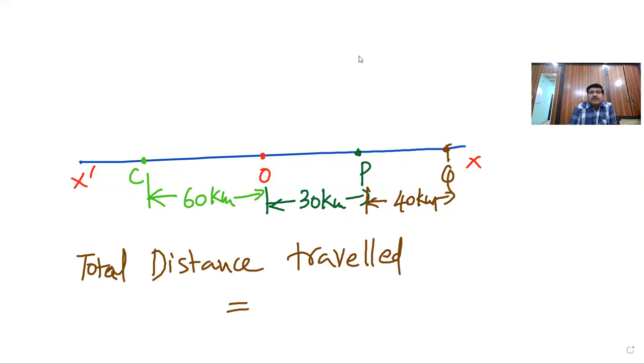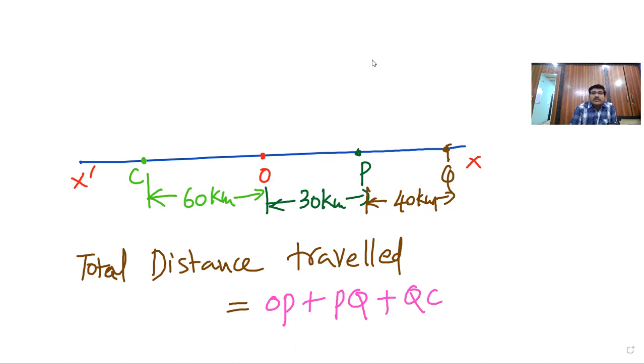Total distance traveled is equal to first OP plus PQ plus QC. First OP, again P to Q, then Q in the reverse direction, up to point C. So Q to C.